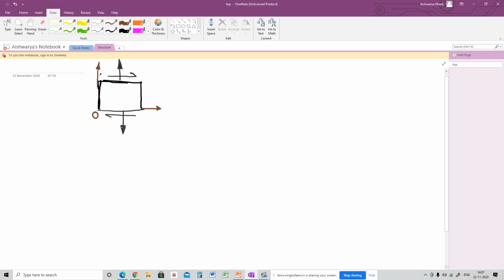When this load is acting, let's consider initially it was x and y. After this loading system, it will change to a new plane of x dash and y dash.